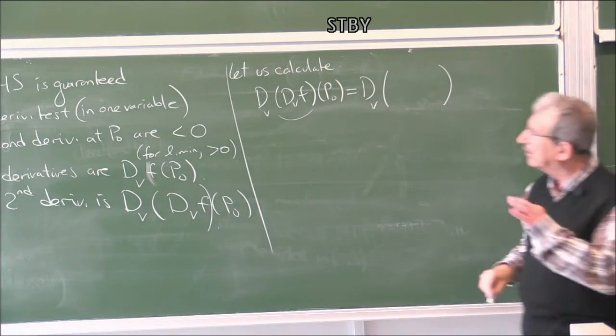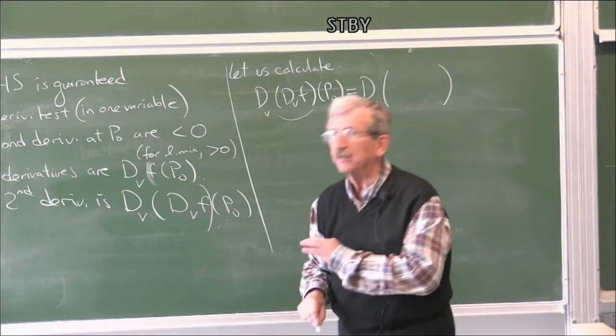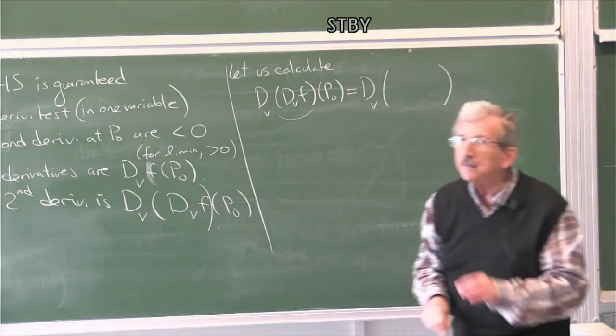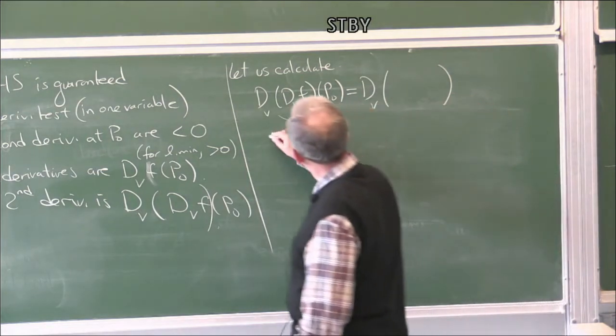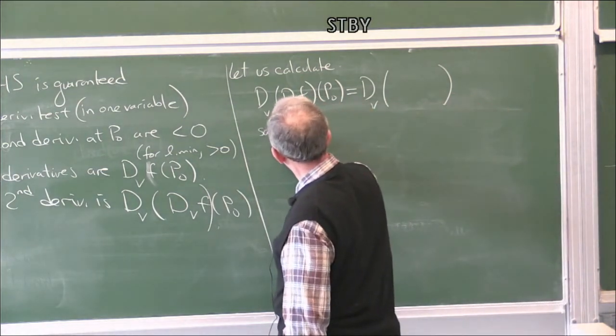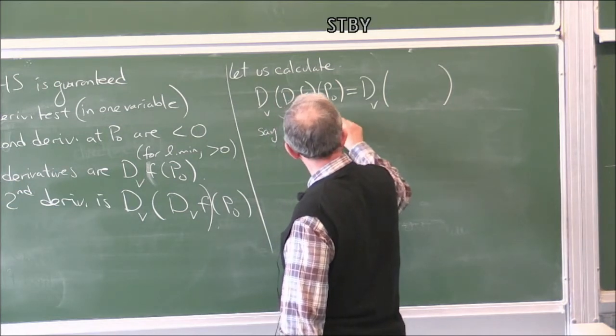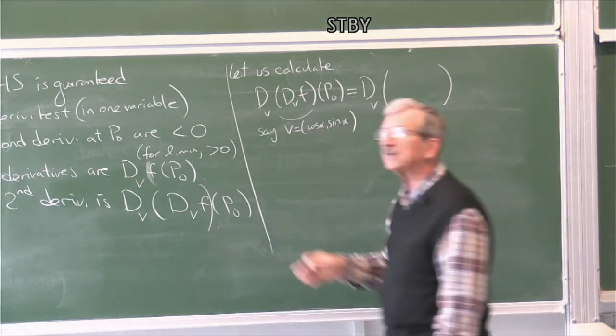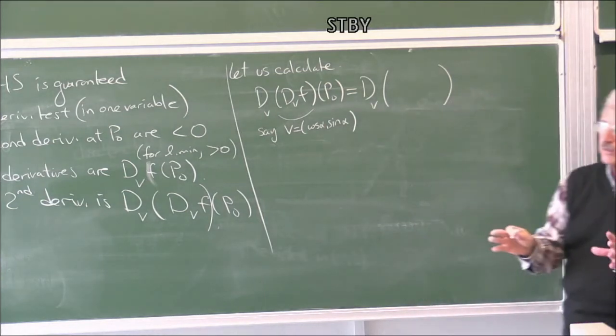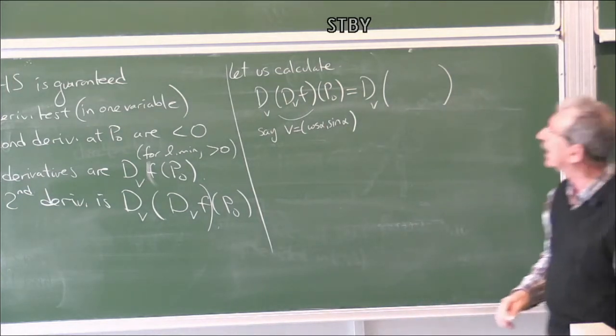But here we have differentiability at our aid. So we can assume, first of all, v is (cosine alpha, sine alpha). For simplicity, take it as a general but unit vector.